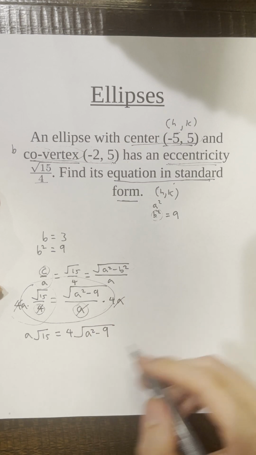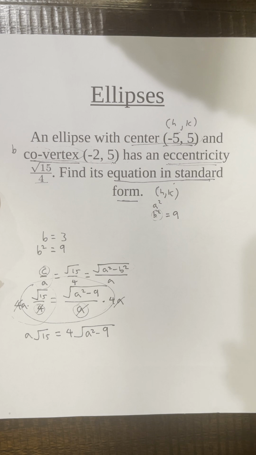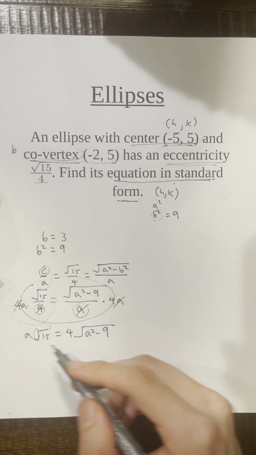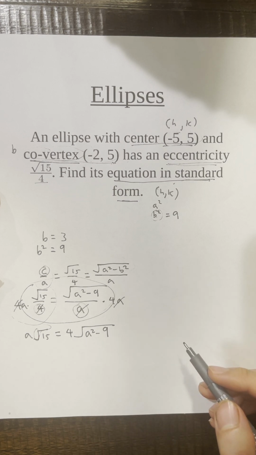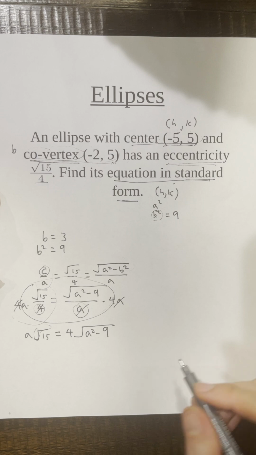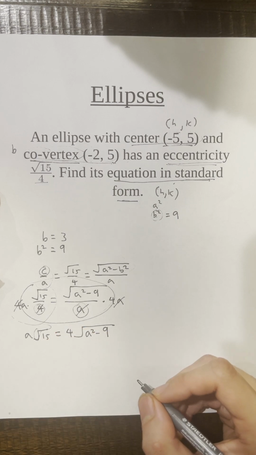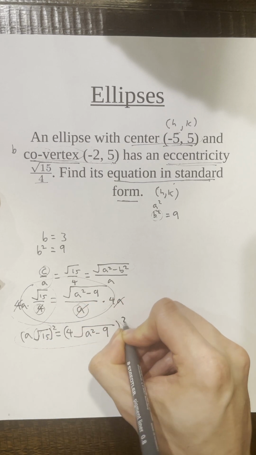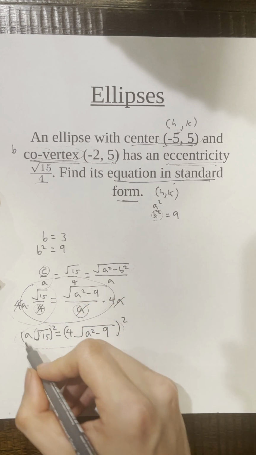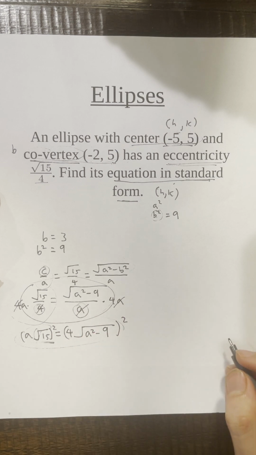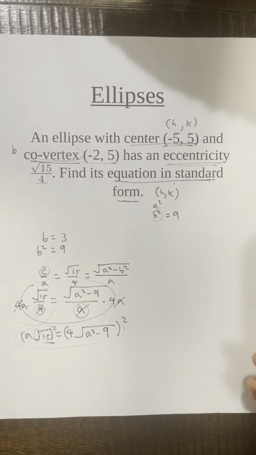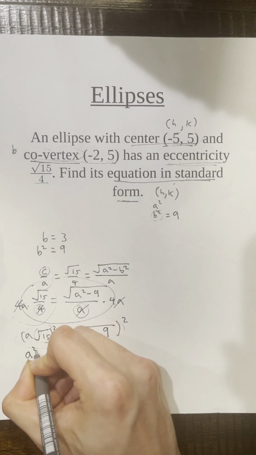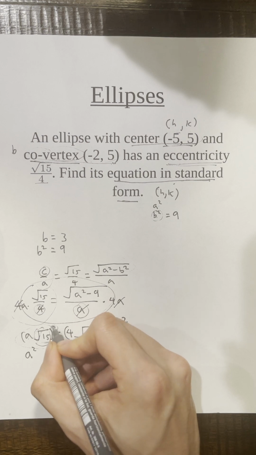Okay, how should we proceed here? Well, I don't like radicals, so let's get rid of those as well. How do we get rid of radicals? We need to square both sides of this equation. Okay, so what does the left-hand side become? So it becomes a squared times root 15 squared.